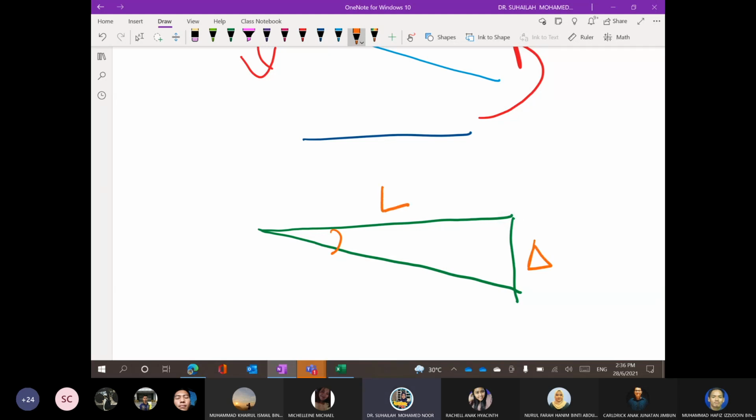This is L. This angle is called, the symbol is in the textbook, chord rotation. Okay, this is called chord rotation.